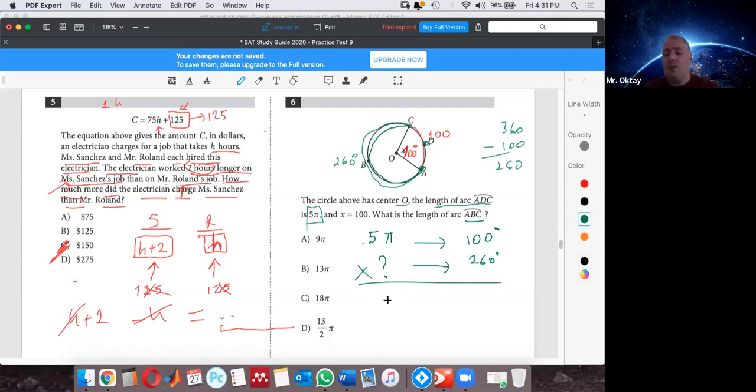I can do cross multiplication: this times this equals 5 pi times this. Then cancel the zeros. 10 divided by 5 is 2. 5 divided by 5 is 1. 2 divided by 2 is 1. 26 divided by 2 is 13. So the result is 13 pi. Finished.